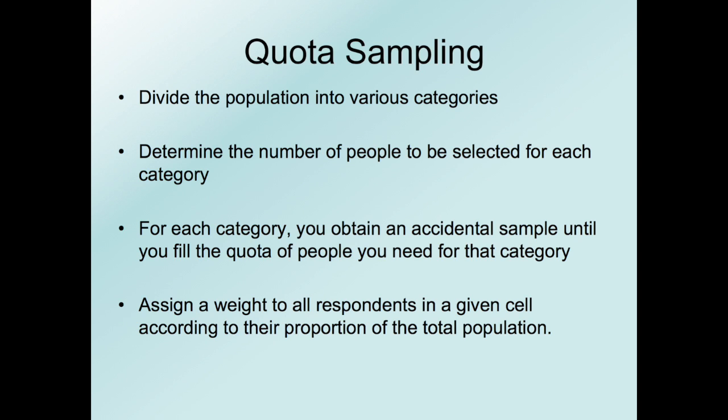So if 60% of the population is male, then in your quota sample you want to have 60% of your sample also male. It just means, as a non-probability sample, the males who ultimately end up in your sample were not selected at random. So for each of the categories that you identify as relevant or important for your study, you obtain an accidental or convenience sample until you fill the quota.